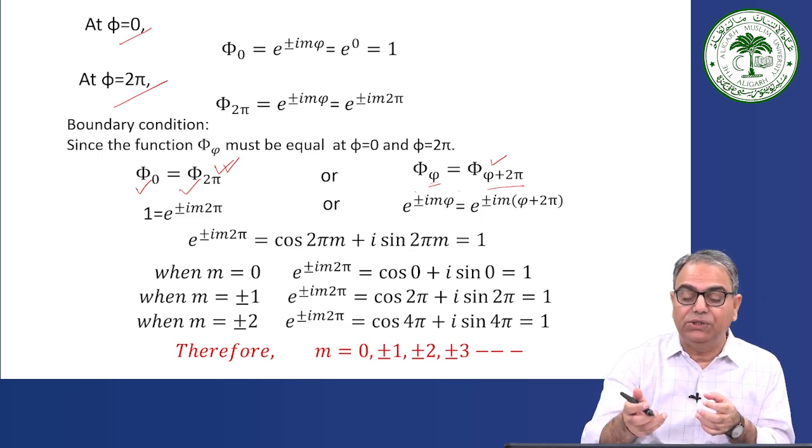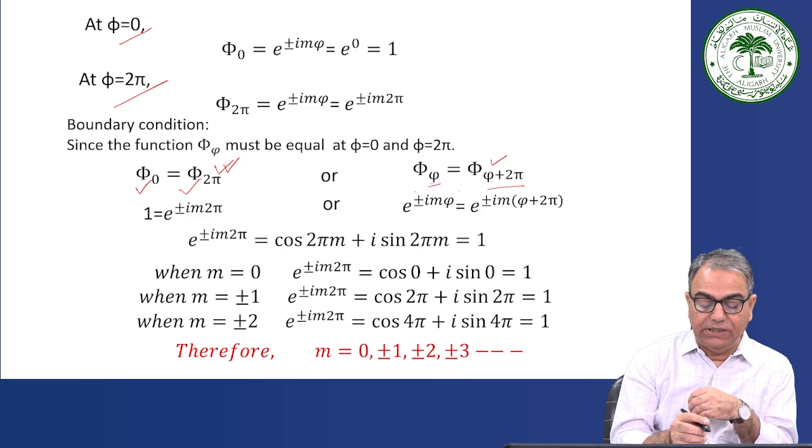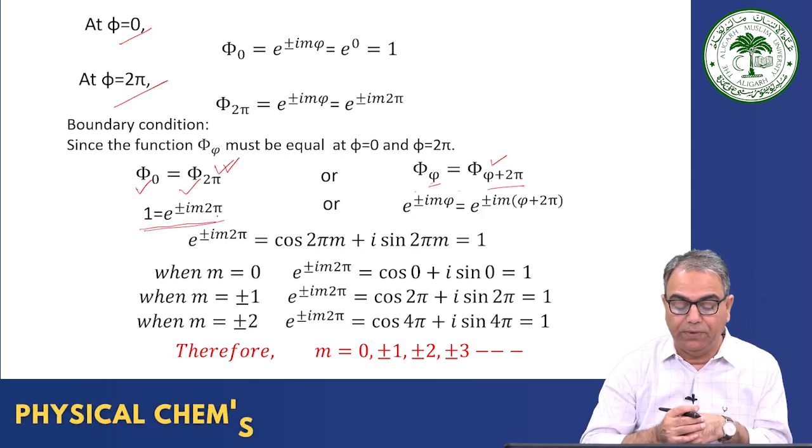And at phi is equal to 0, you have written the function to be equal to 1, and at phi is equal to 2 pi, the function you have written is exponential plus minus i m 2 pi. So, what do you mean to say? You mean to say 1 becomes equal to exponential plus minus i m 2 pi.